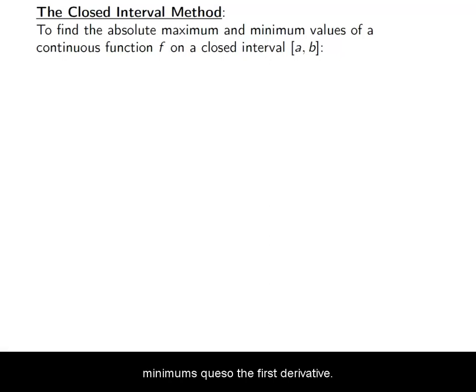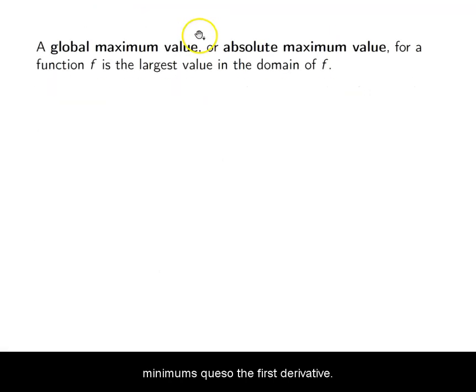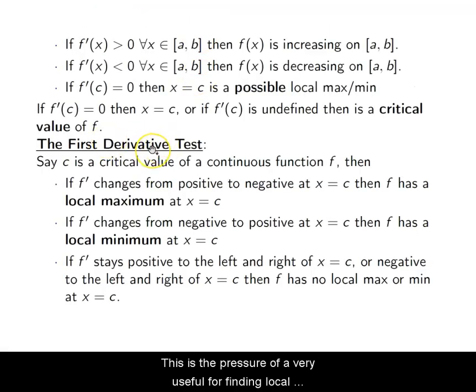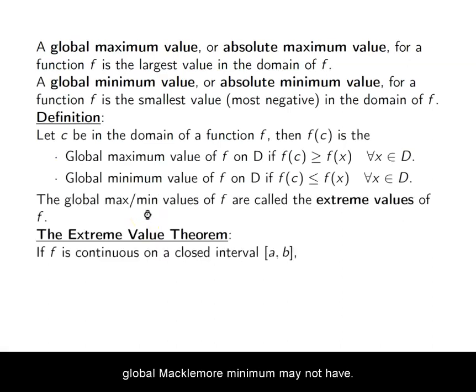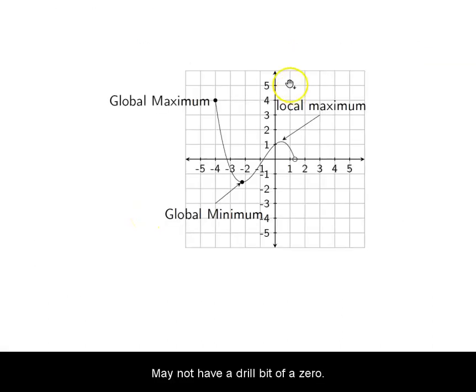Okay, so the first derivative method that we went over here, this is the first derivative test. It's very useful for finding local maxes and local mins, but not so much for global maxes and global mins because a global maximum or minimum, as you see here, may not have a derivative of 0, right?